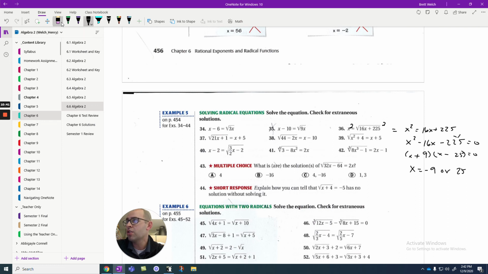For me to be sure about those, I'm going to need to confirm it in the original problem. So let's imagine I had negative 9 equals the square root of 16 times negative 9 plus 225.